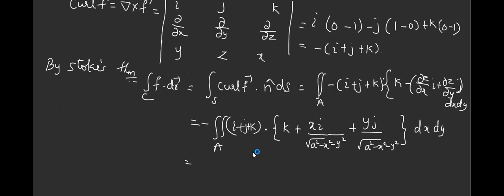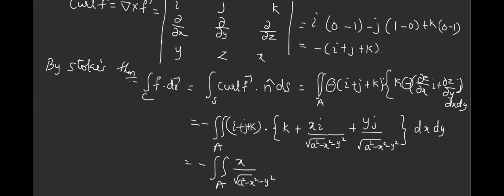Isn't it that you multiply the corresponding i, j, k coefficients? Do it. The coefficient of i is 1 here, so what will you get? Double integration over A, x upon root of a square minus x square minus y square. This minus I have taken outside, and this minus converts to plus when you substitute.